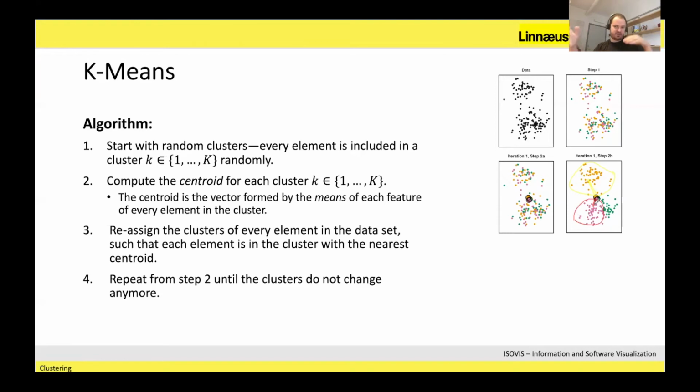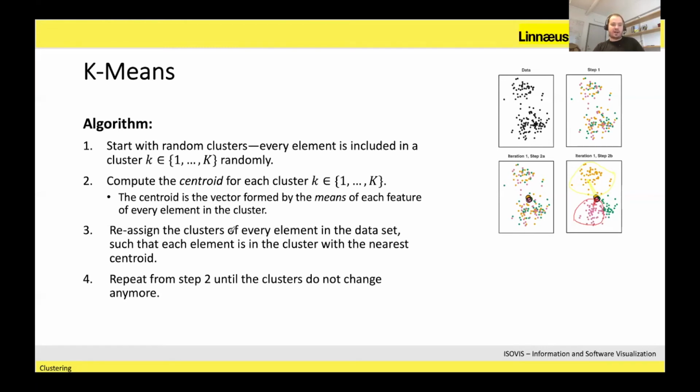Randomly, again, because the initial step was random, right? So randomly, it just happened that this magenta point was sticking a little bit down to the left. So all these points were assigned to that. And the same thing for the green ones.